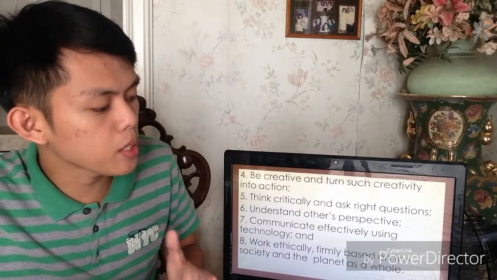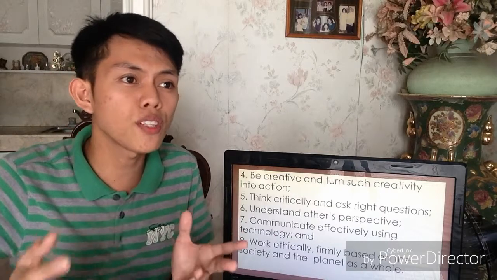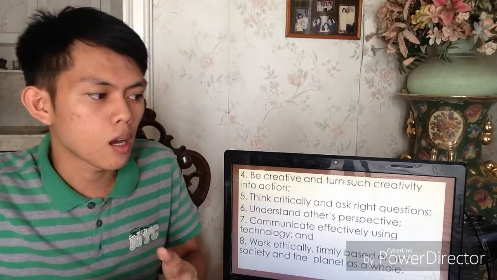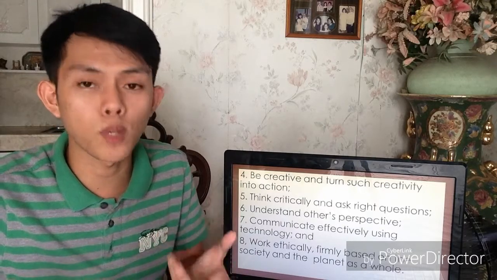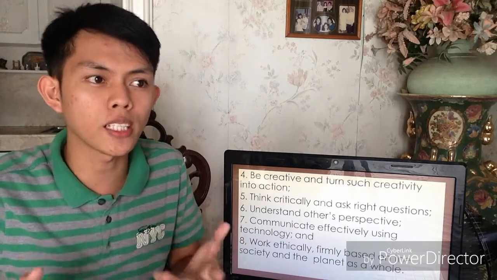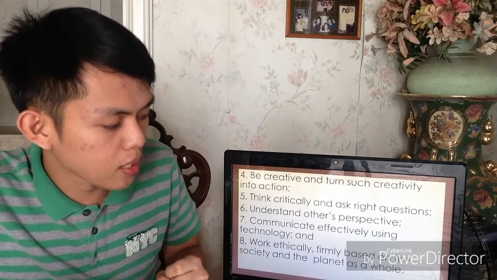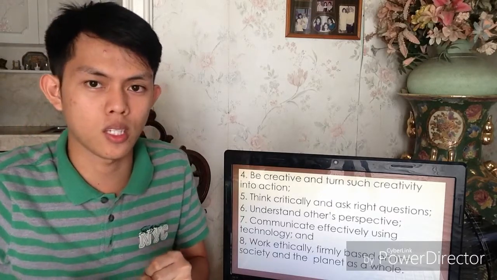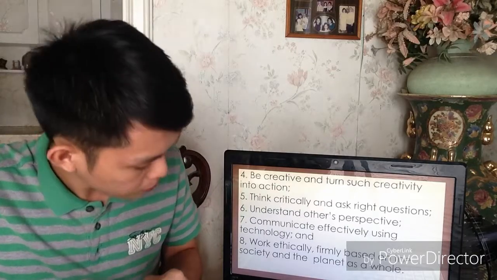Number 7, communicate effectively using technology. So 21st century, we all know that this is the age of computers. So dapat computer literate na yung mga bata. Kailangan they can communicate effectively using technology. Kailangan sanay sila sa mga makabagong teknolohiya.